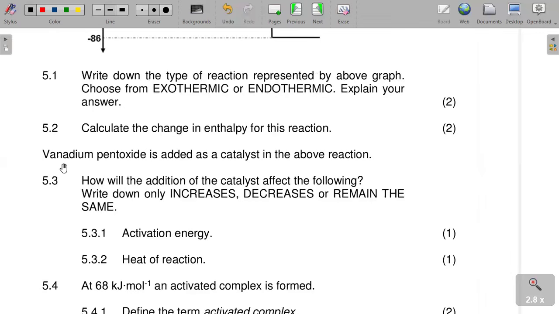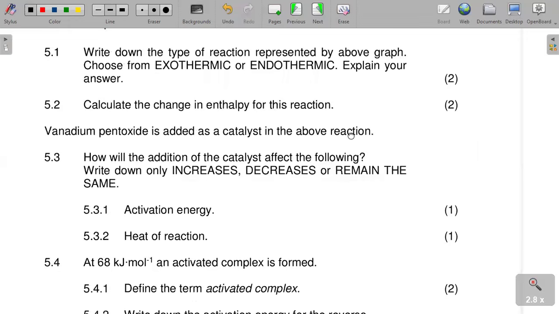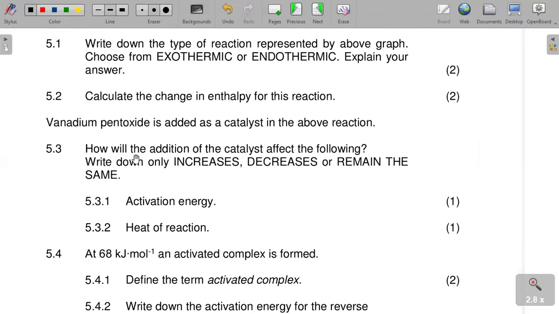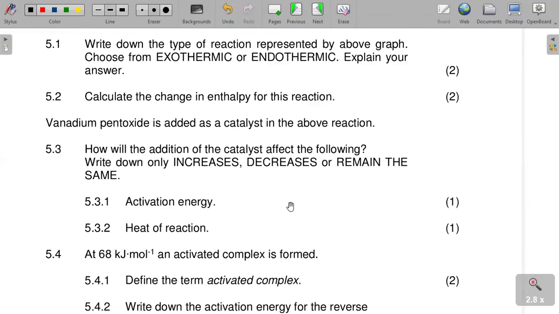And then they say vanadium pentoxide is added as a catalyst in the above reaction. How will the addition of the catalyst affect the following? Write down only increases, decreases, or remains the same. How will it affect the activation energy?